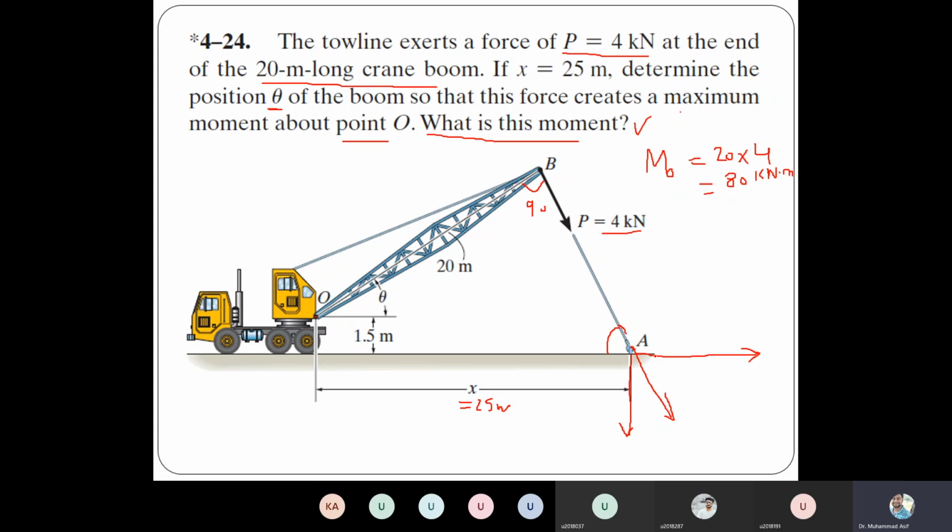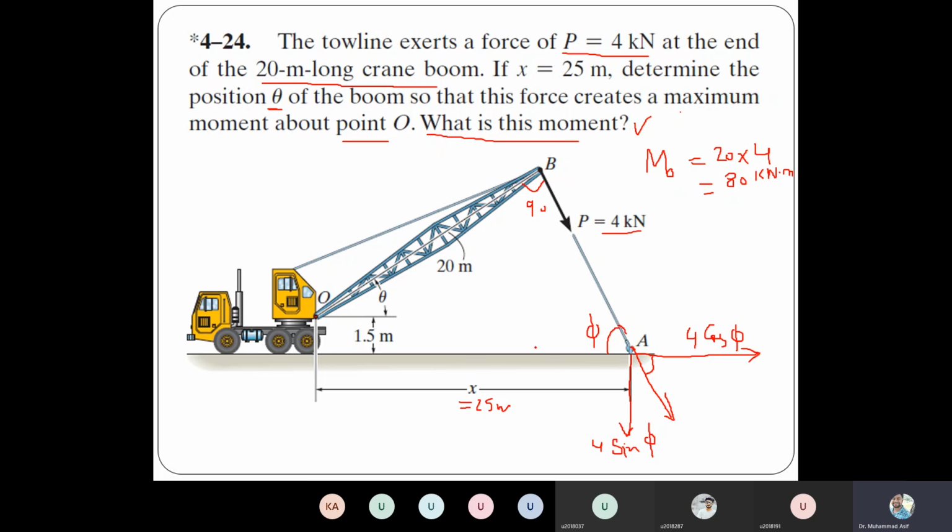This angle we name phi. So P is 4, the horizontal component is 4 cos phi, and the vertical component is 4 sin phi.